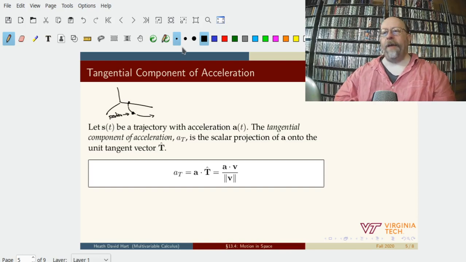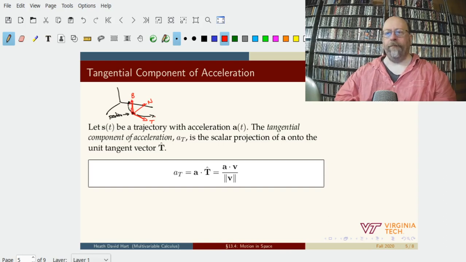that there is a moving coordinate system containing the unit tangent vector, the unit normal vector, and then the unit binormal vector that moves along with the object.